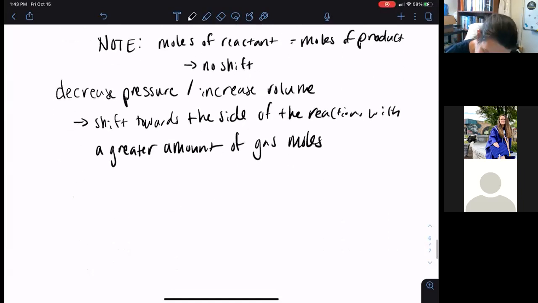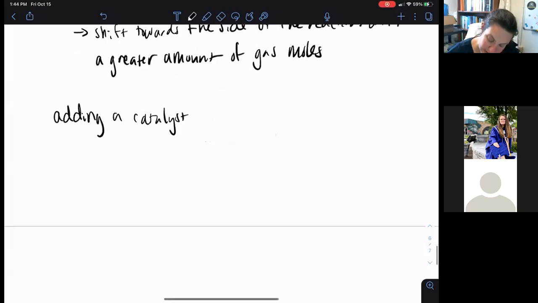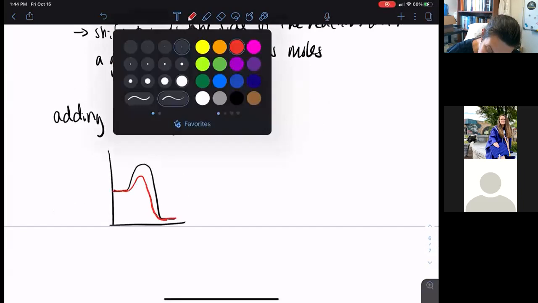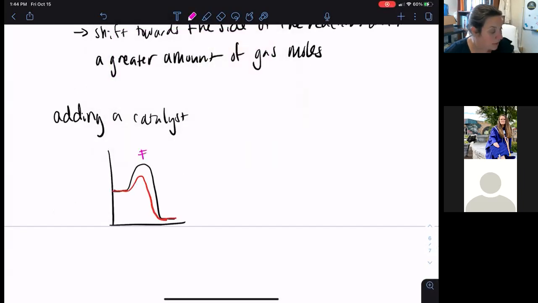And the last thing is adding a catalyst. So if we add a catalyst, essentially we are taking a reaction and we're not doing anything about the energy of the products or the reactants. We're just going to decrease the energy of the transition state.